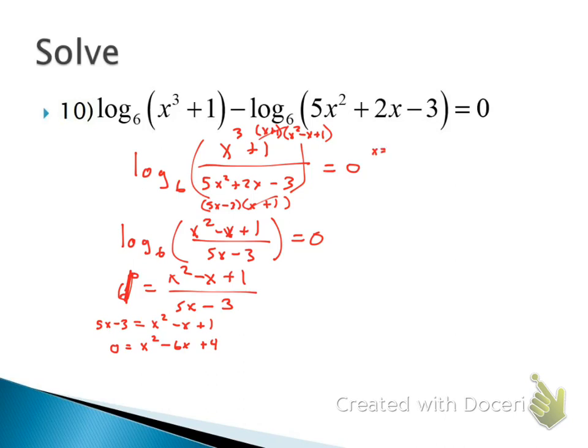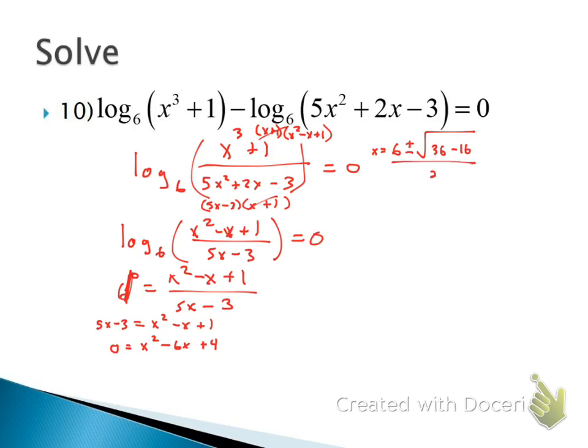X equals negative b, 6 plus or minus. Let's see, what do we get there? B squared, 36 minus 4 times a times c, 36 minus 16. Anybody else get that? All over 2.